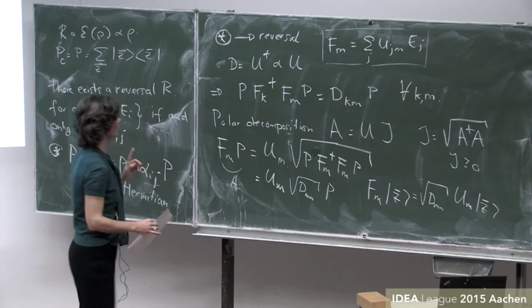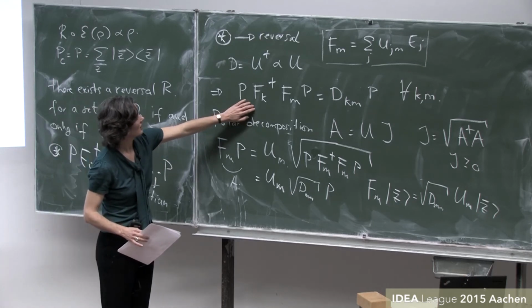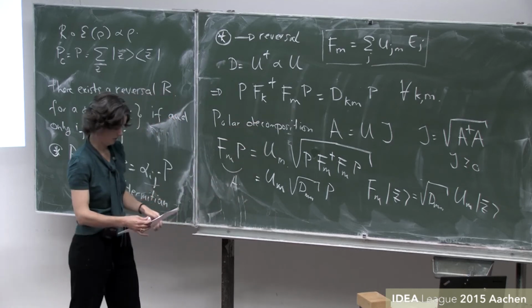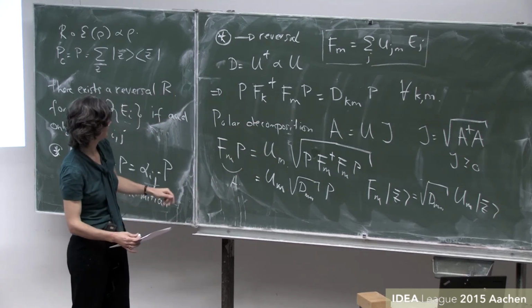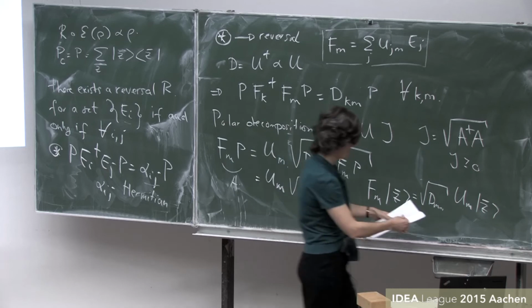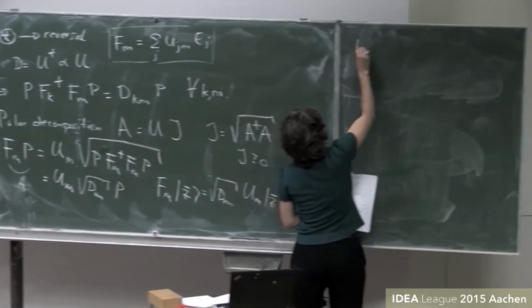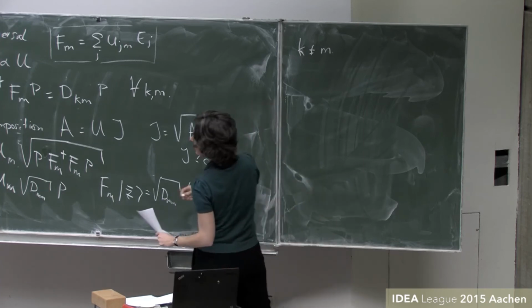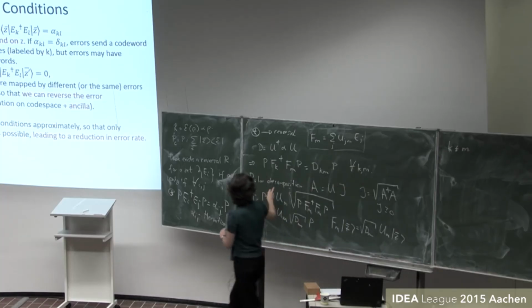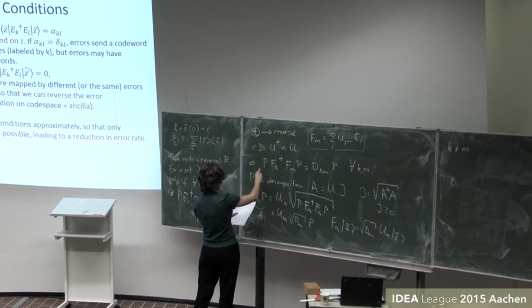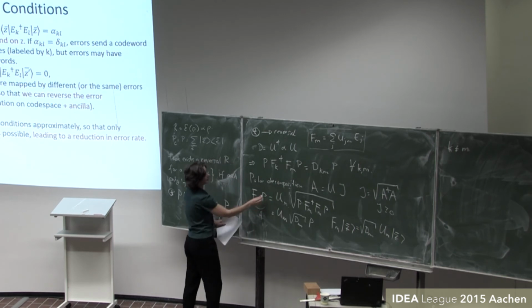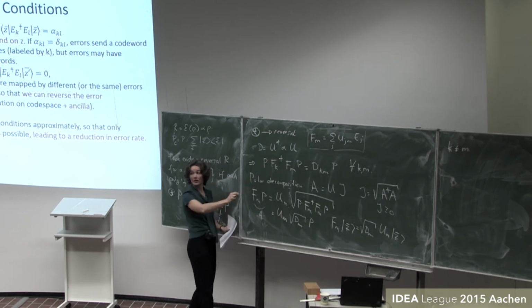And I have not used everything, because this condition also said if k isn't equal to m, it's 0. Okay, what does that mean? So for k unequal to m, I can take F_m in the polar decomposition. I can do this for this guy too. It's just the dagger.